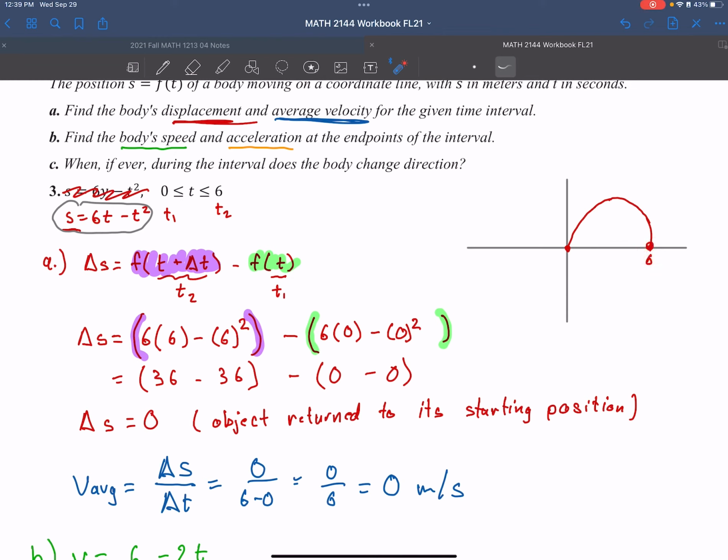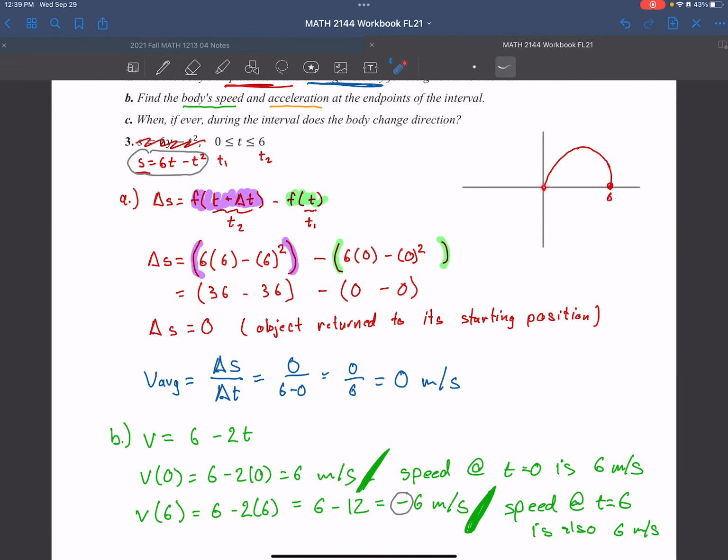Keeping in mind what this function represents, you can imagine some sort of projectile motion. What goes up must come down. So does that answer your question? Yes. Perfect. So that's what the negative is saying. At takeoff and right here at landing, it is going the same speed, but the velocity is telling us the negative in the second position is saying it's coming down instead of going back up.